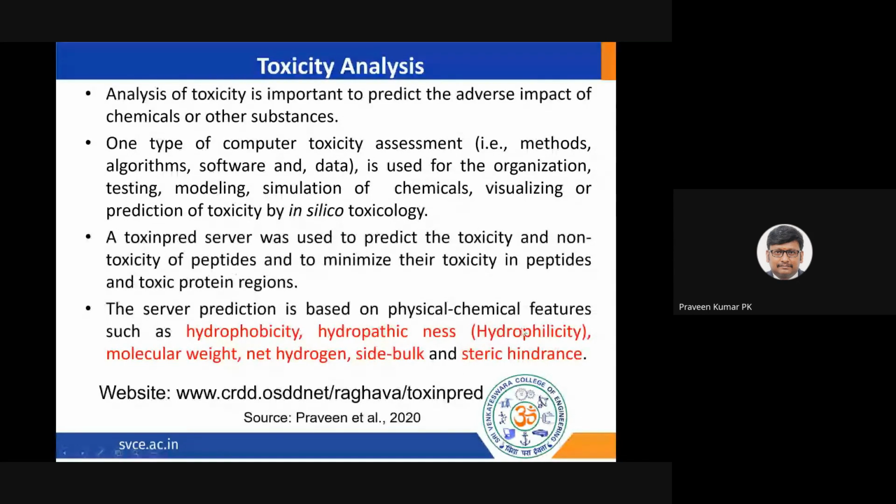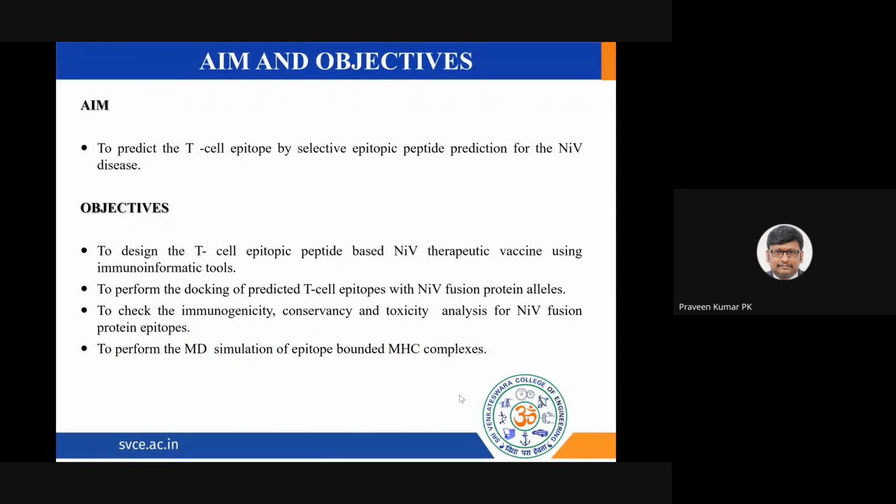All these parameters are important to calculate whether a compound or a peptide is toxic or not. Here, we generally use the website URL mentioned, which is used for predicting the toxicity of the predicted peptides. So whatever peptide you predict from the IEDB tool should be immunogenic and non-toxic. These are the desired properties we anticipate.